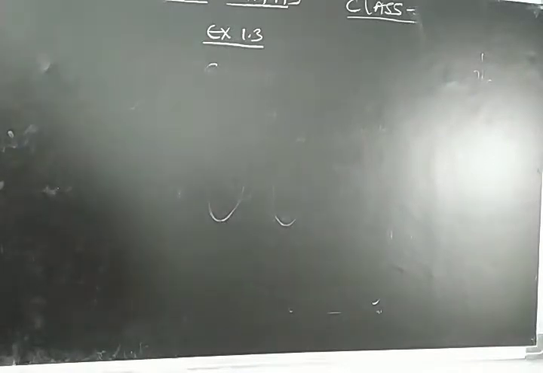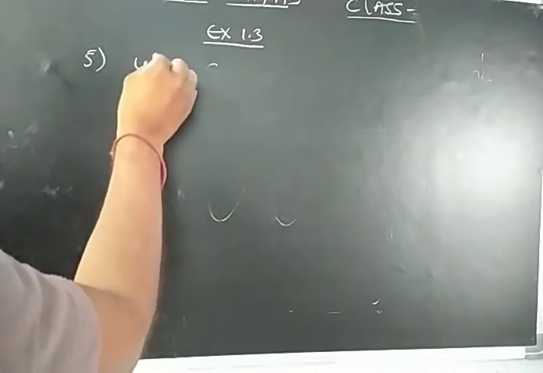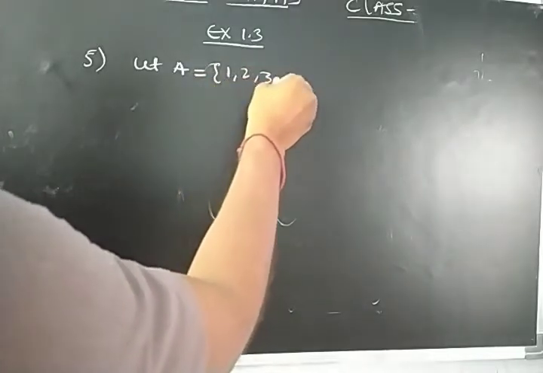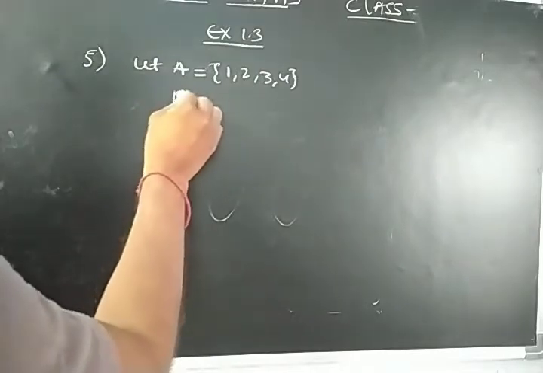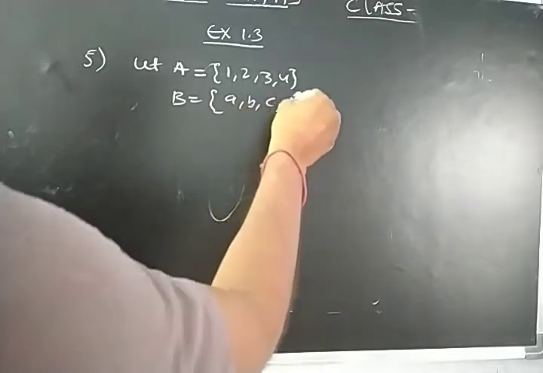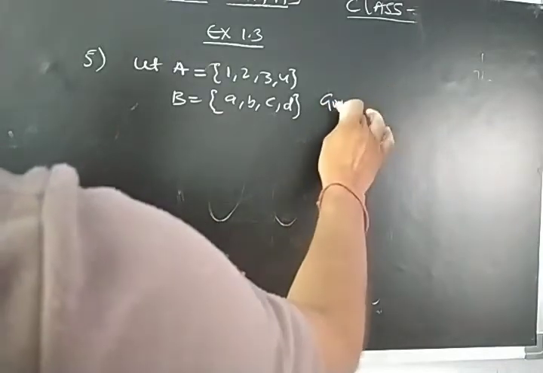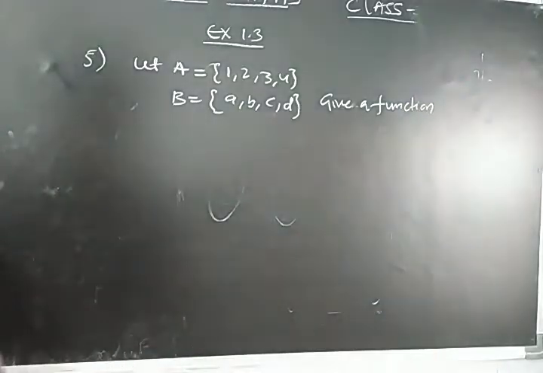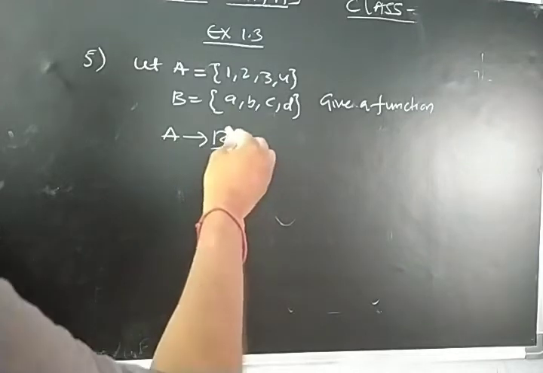Now problem number 5. Let capital A having 1, 2, 3, 4 and capital B having a, b, c, d as elements. Give a function from A to B for each of the following.